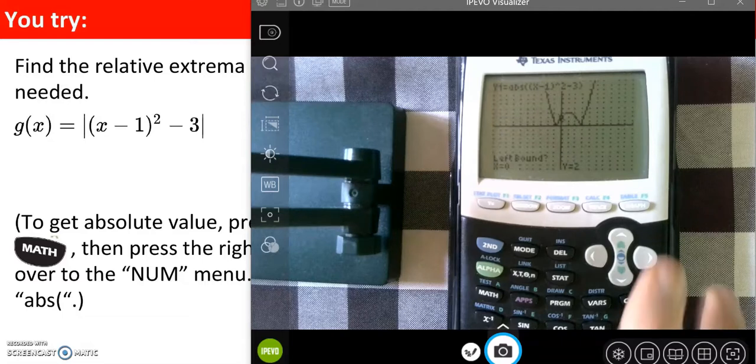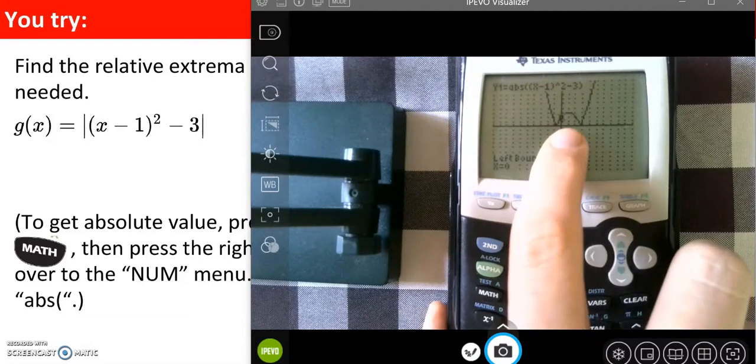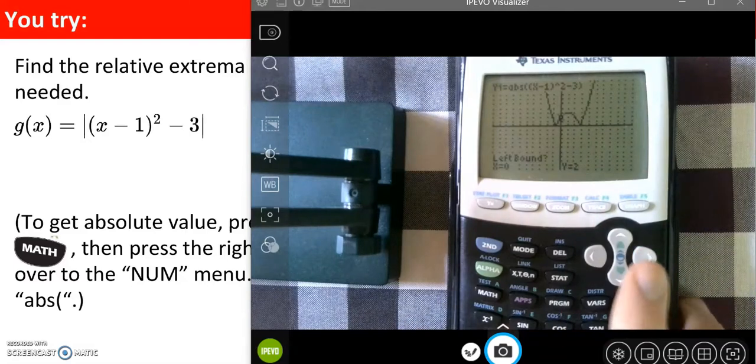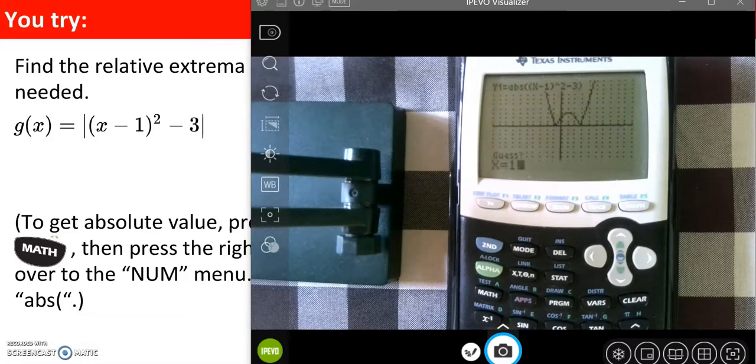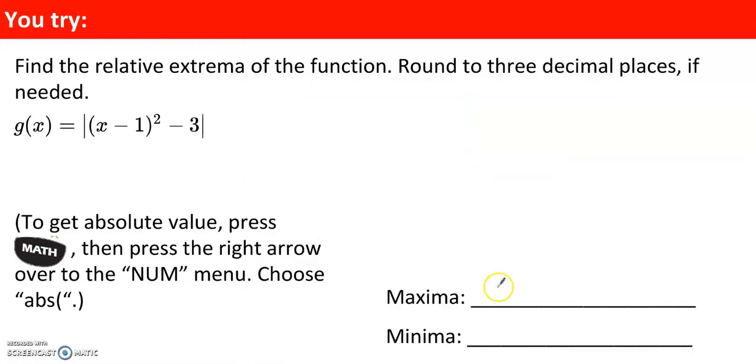I'll do the maximum first. It looks like that might be around 1, 3. So maybe I'll type in a left bound of 0. Maybe I'll type in a right bound of 2. And guess that the x is 1. Yeah, sure enough it is. 1, 3.